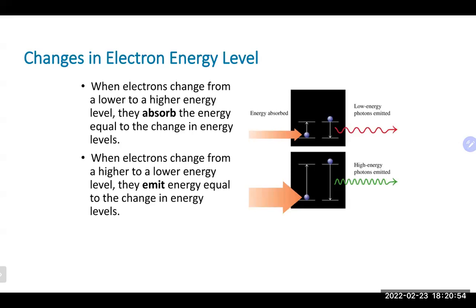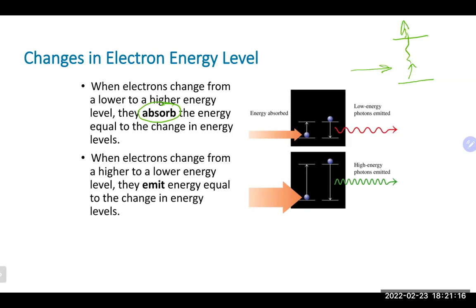And again, just to remind you in terms of what's happening, in order for an electron to go up in energy, it does need to absorb energy, right? So if we have an electron starting at a lower energy level, it actually has to pick up energy for it to come up.